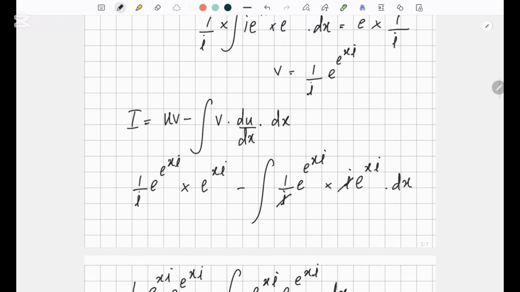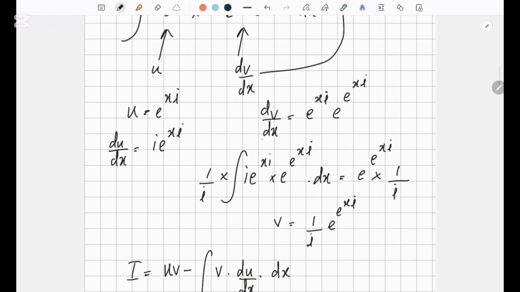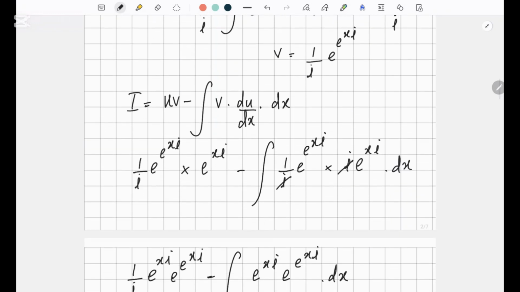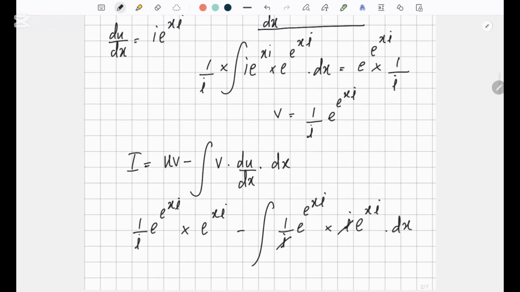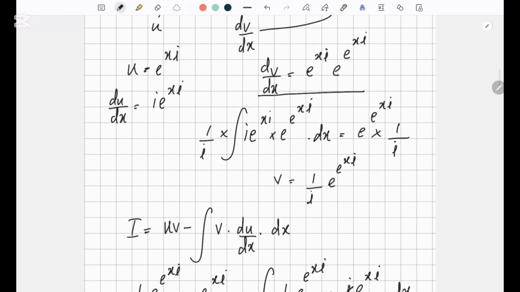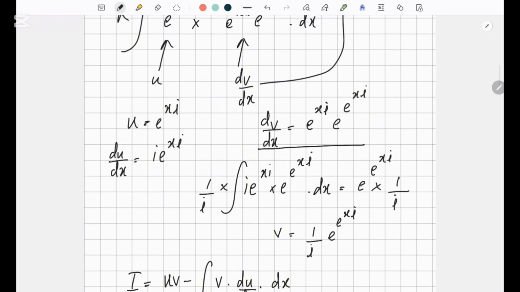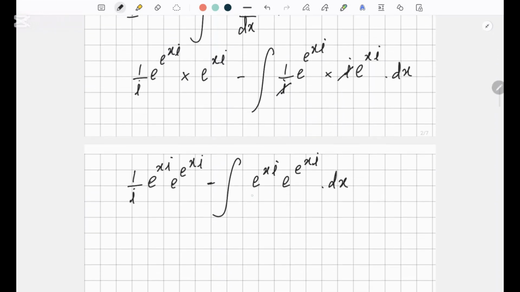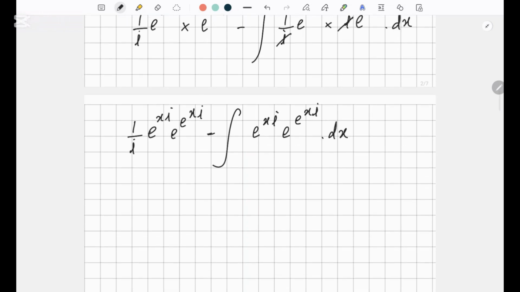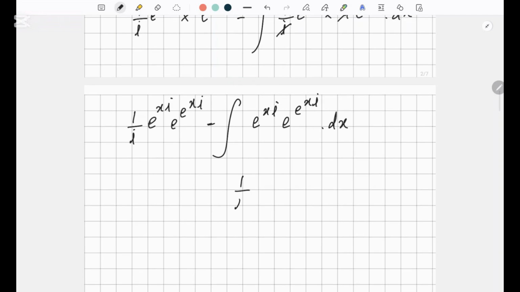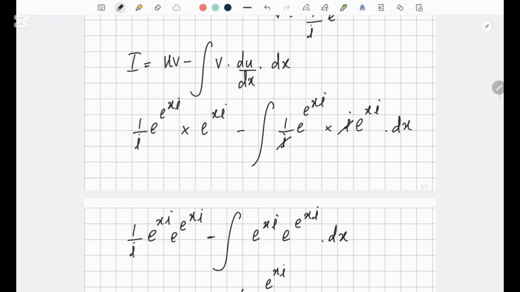Now this was the same thing we had previously, right? Can you see? The same thing. There's no change at all. So now I don't have to do it again. Now you guys know that the integral of e to the power xi into e to the power xi is 1 over i e to the power xi.